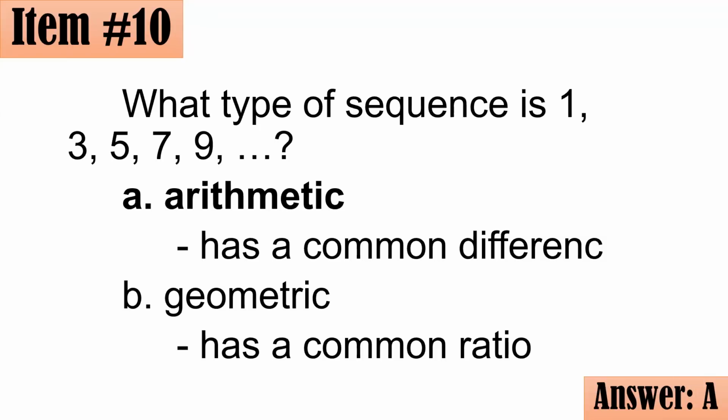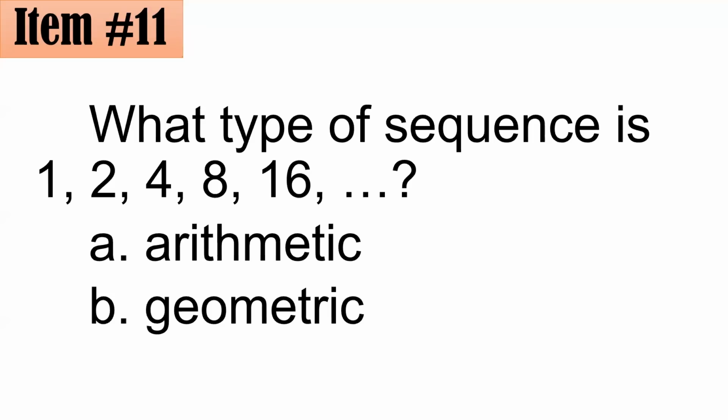Kapag sinabi po nating common difference, halimbawa, 3 minus 1, 2. 5 minus 3, 2. 7 minus 5, 2. 9 minus 7, 2, and so on. Or as you move from left to right, to get the next term, you are actually adding the common difference. Yung geometric sequence naman po, from one term to the next, you are multiplying by a certain number called the common ratio. So the correct answer indeed is arithmetic sequence.